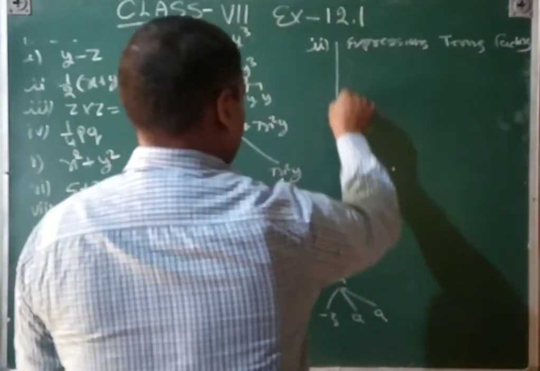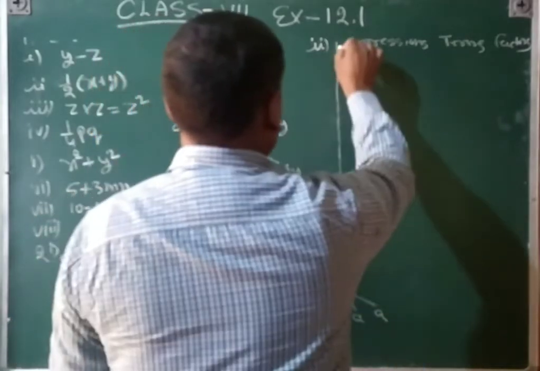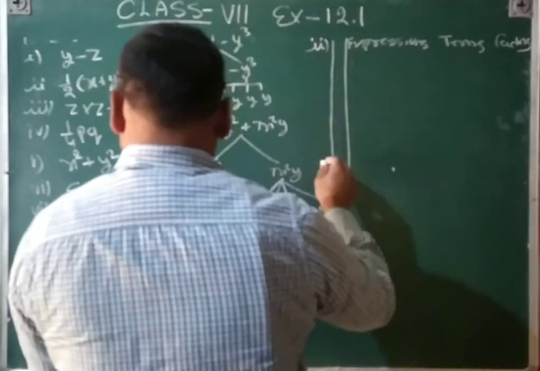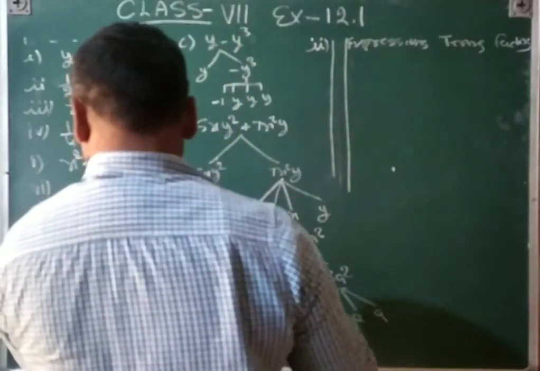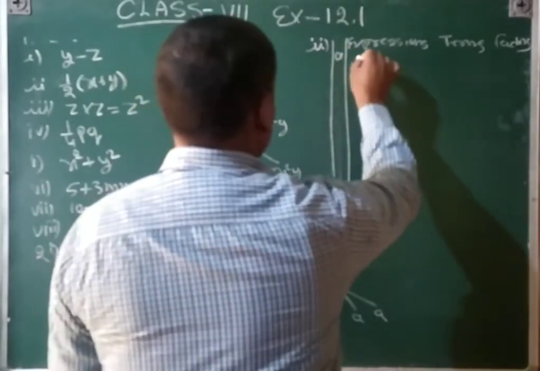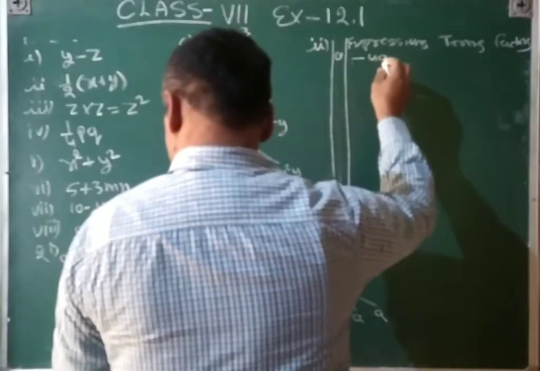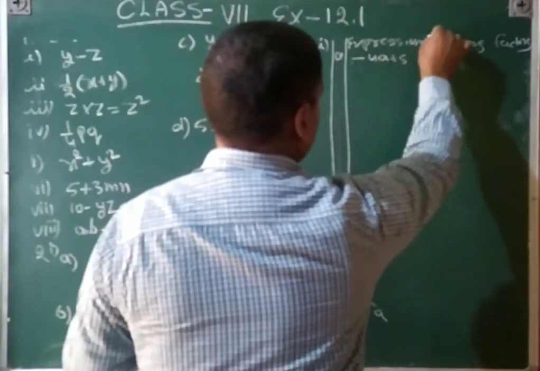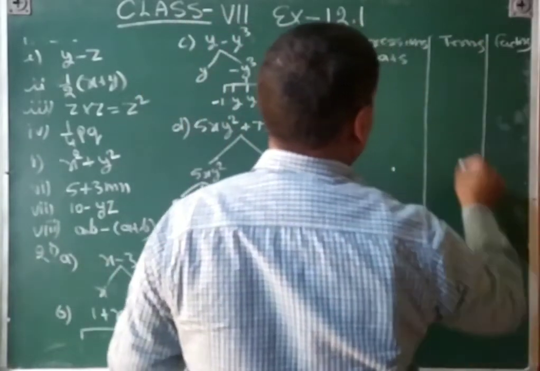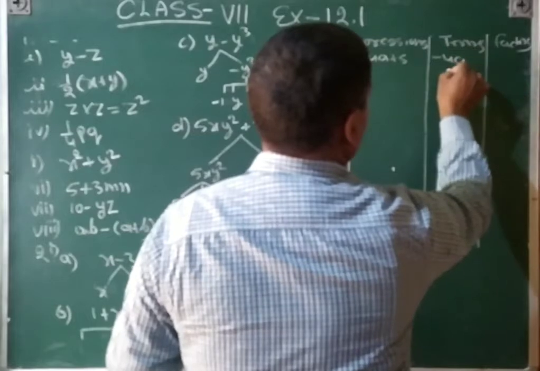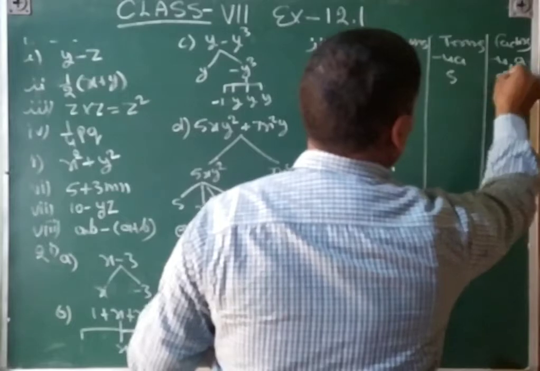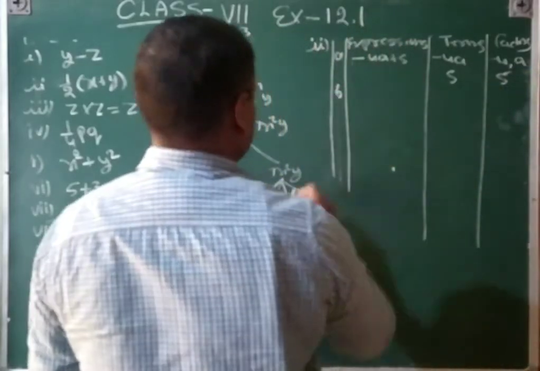So you will make the table here, and then one more table will come here. How many parts? a, b, c, d, e. So first a: the question is minus 4a plus 5. How many terms are there? 2 terms: minus 4a and 5. So that will be minus 4a, and this is 5.